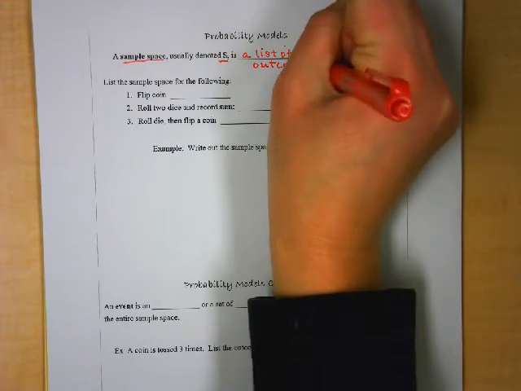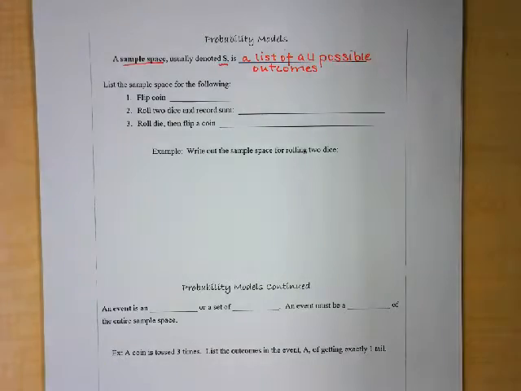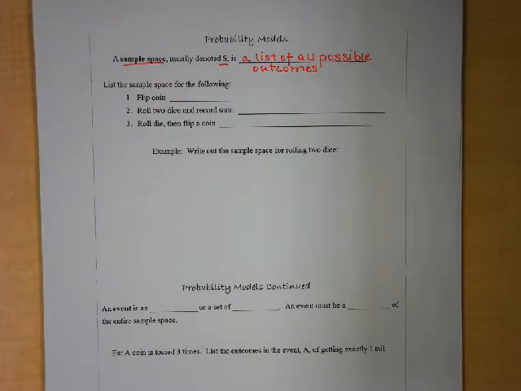You can write out the words heads and tails, or you can abbreviate with H and T. If your abbreviations are obvious, then that's fine. If, for some odd reason, you decide to use 1 and 2 when you're writing the sample space for flipping a coin, you need to tell me that 1 means heads and 2 means tails, okay? But if it's an obvious abbreviation, you don't need to explain it to me.